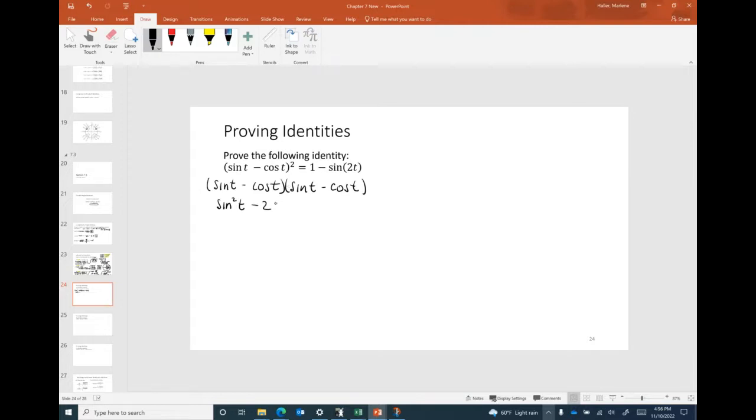So that'll be minus 2 sine t cosine t. And then negative cosine t times negative cosine t is going to be positive cosine squared of t. All right, so I can now add this sine squared and cosine. I can rearrange things.